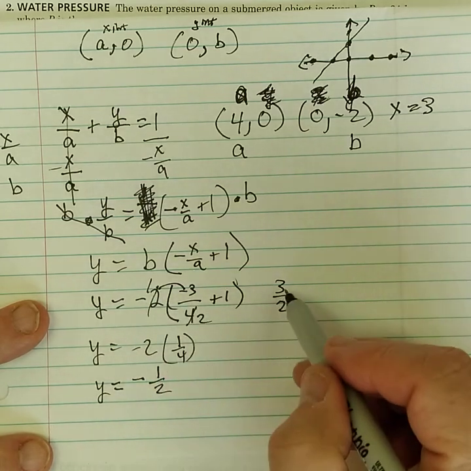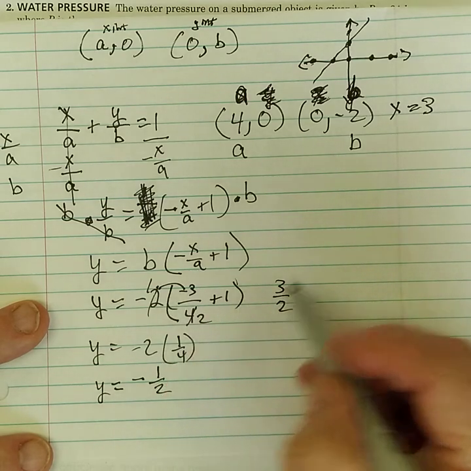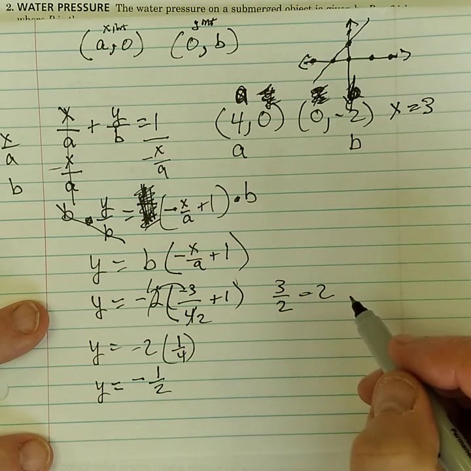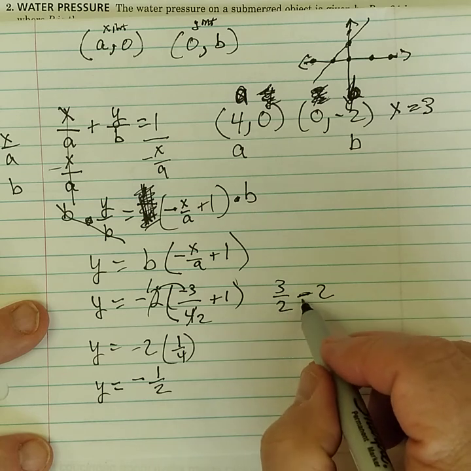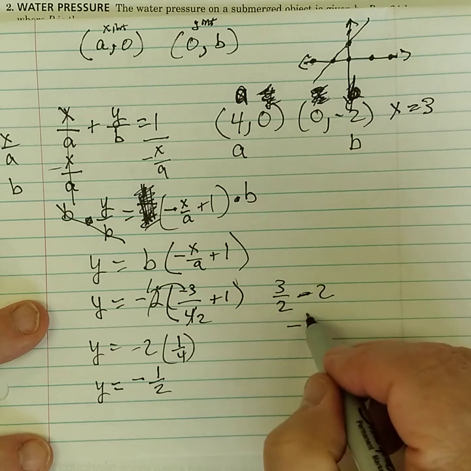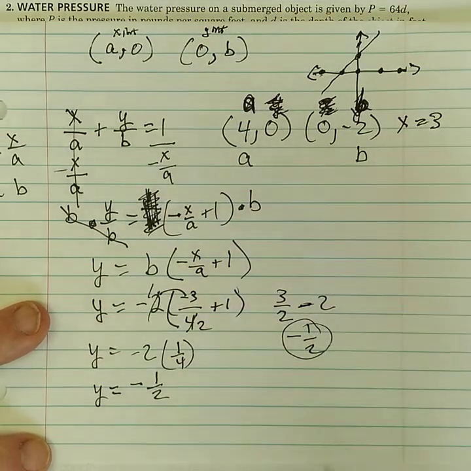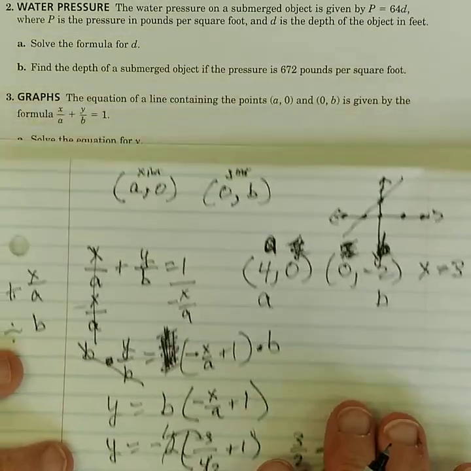Negative 1 times negative 3 is positive 3 and 2 on the bottom. Then negative 2 times positive 1 is negative 2. Okay. And then if we have 1.5 minus 2 is negative 1/2. So it would have been the same if we distributed. Okay. So y equals 1/2.